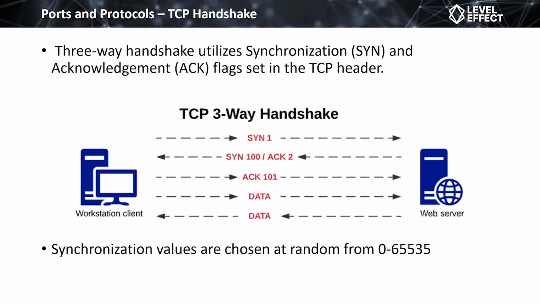So what happens if the client sends a SYN1 and the web server sends an ACK1 back? It's essentially saying, I saw your packet, but something was wrong with it. Send SYN1 again, and the server will keep responding with an ACK1 until it successfully processes the packet, if the packet is not corrupt in some way, and then it'll begin doing its synchronization and acknowledgements on the incrementing level.